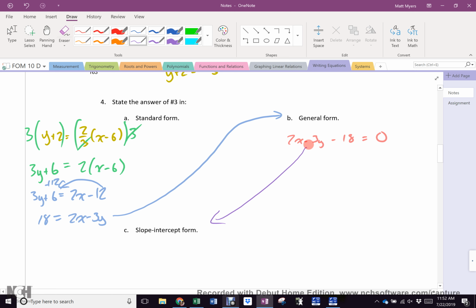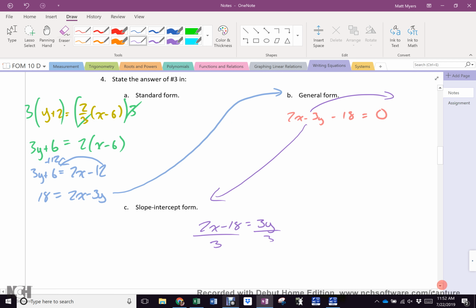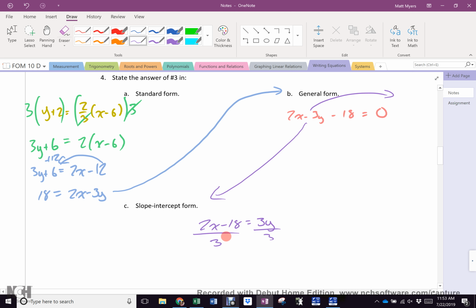If I move y, doesn't that take care of one of my problems with isolating? 2x minus 18 now equals 3y. How do I isolate that? Divide by 3, divide by 3. Some of you are going to forget to do this division. 2/3 x minus 6 equals y. Some of you still have problems with this. This is the same as 2x over 3. Everybody cool?